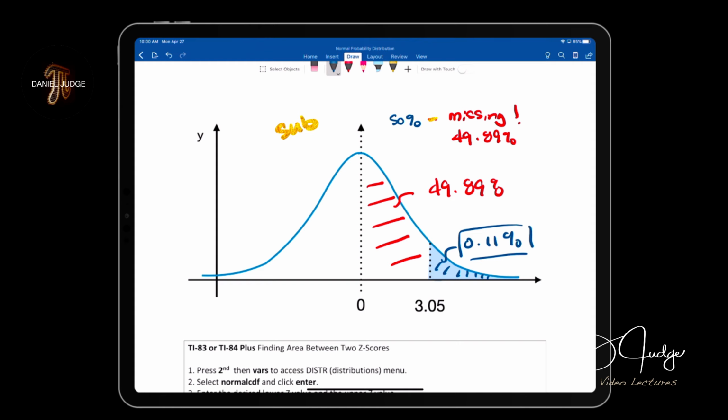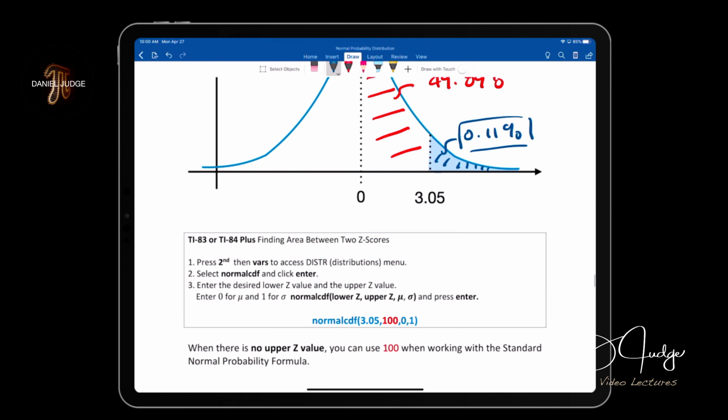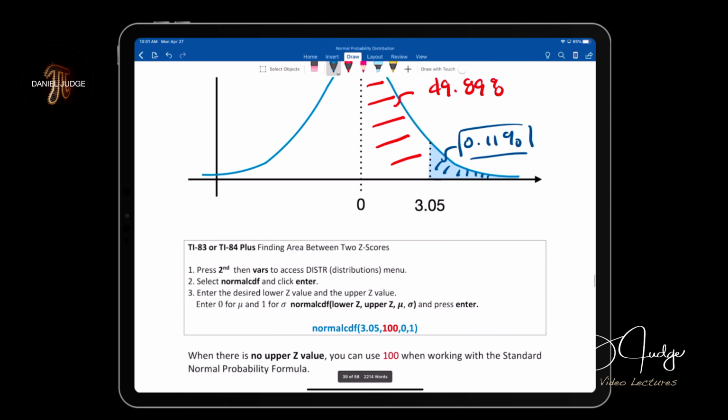Hopefully you guys are understanding the process here. And then let's double check the instructions in the TI. See this here? Here's what they're going to say in the TI. I want to remark, go back. In terms of notation, this is described as Z being greater than 3.05, meaning this is a lower bound value. And this goes up forever to the right, okay?